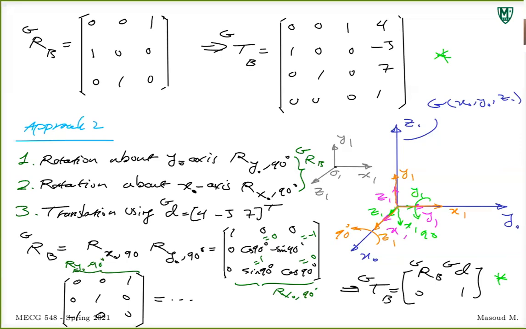Now, keep in mind, you always do rotations about the first frame, the frame that you assume is fixed. Here, I did a rotation about y naught for 90 degrees. I went from the magenta to green. Now, when I wanted to do the second rotation, I still made this rotation about the axis of the blue coordinate system. See that? It doesn't matter where you are after this second rotation.